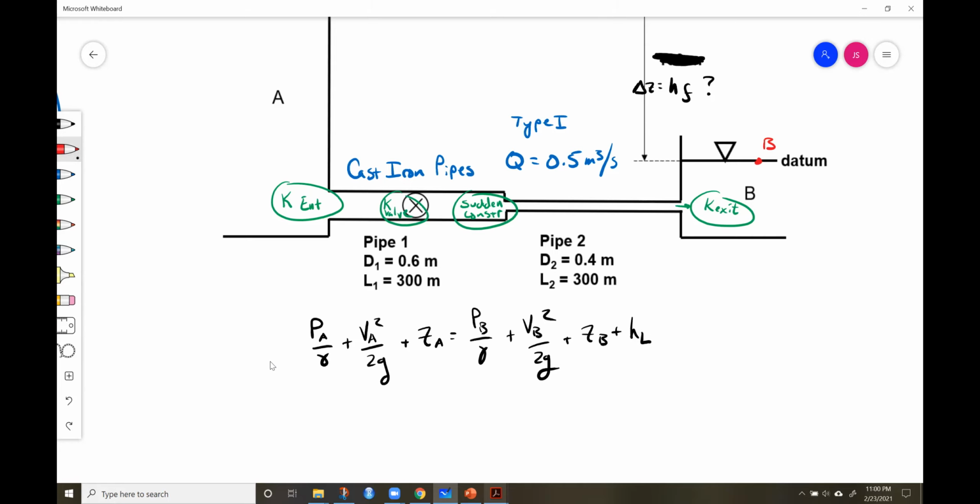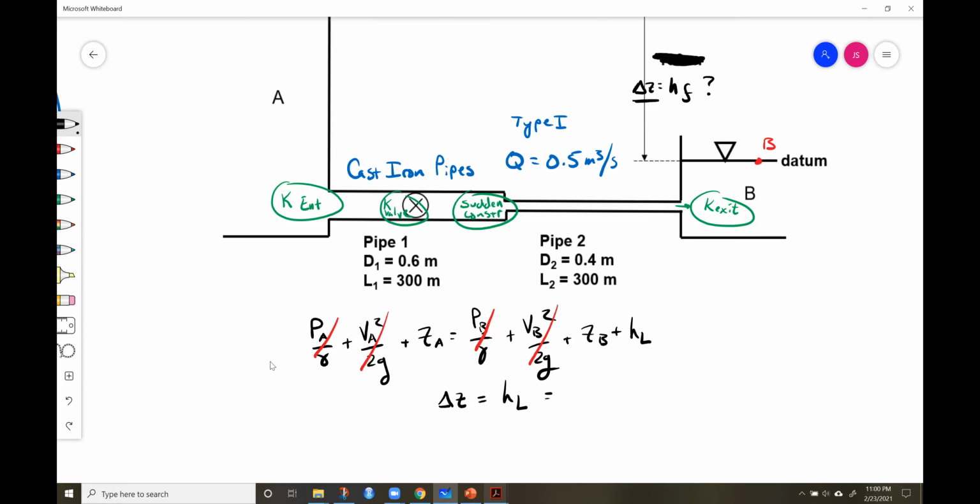So off the bat, because we're doing the surface of the water, we'll cross out our pressure and velocity terms, and then we end up with the relatively simple equation delta Z is equal to head loss. And so that's what we want to find, delta Z.